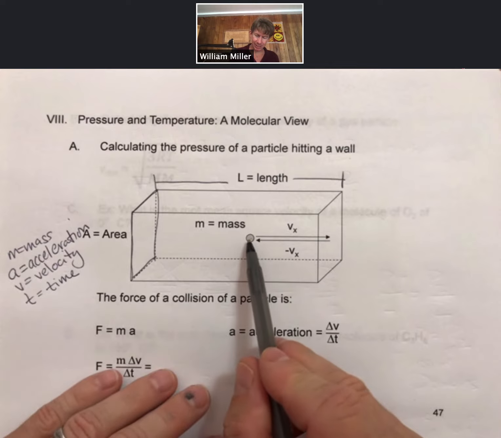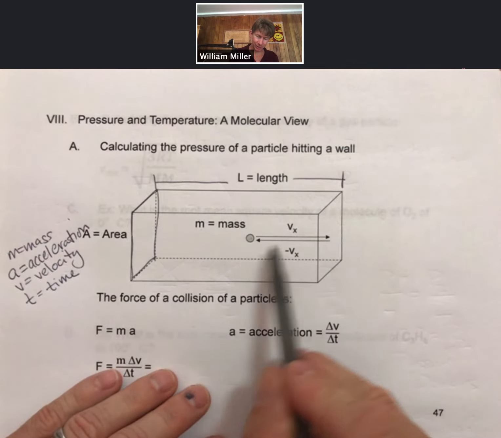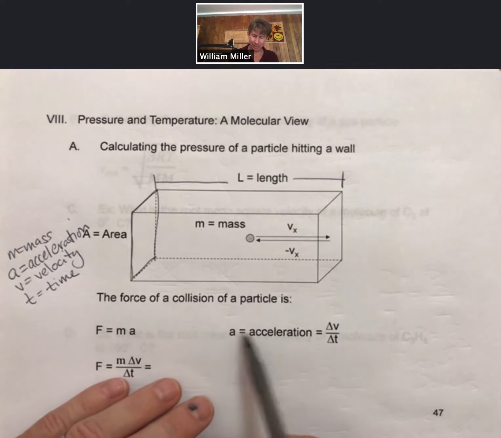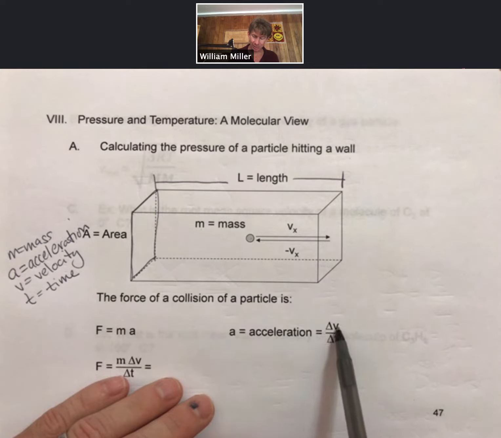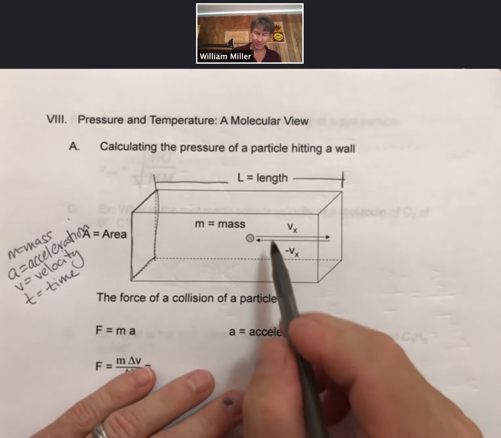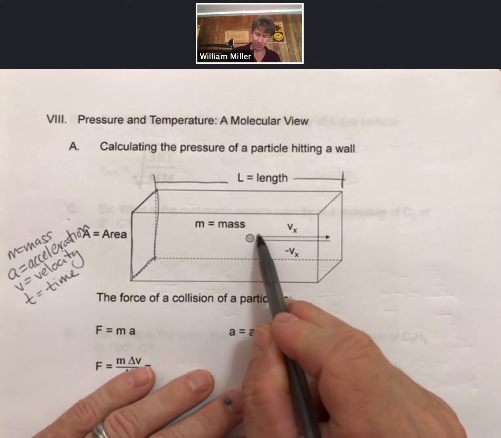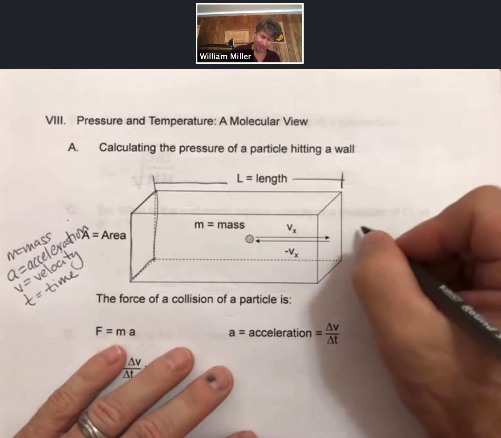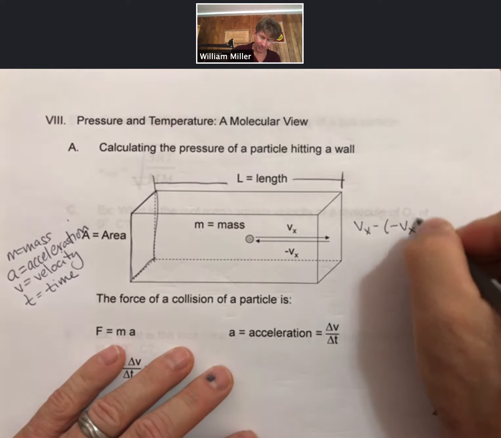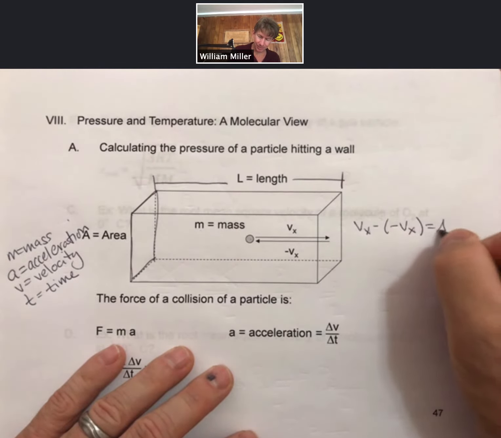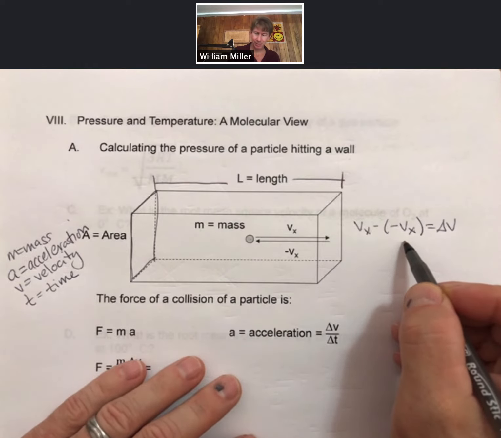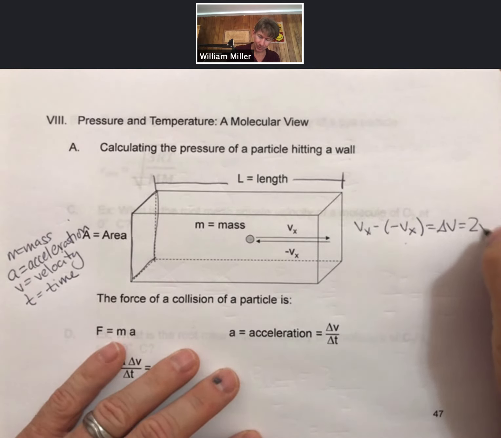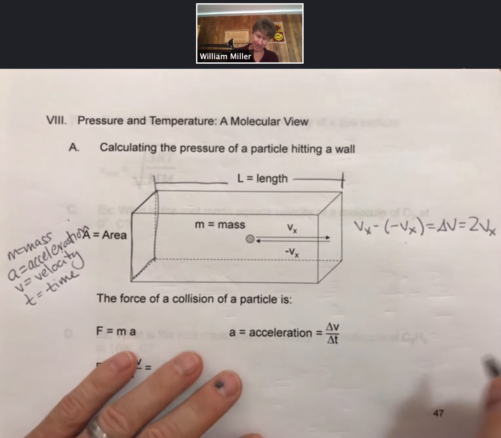And what we're going to say is that this particle, when it has a collision, the force of that collision is going to be the change, the acceleration is going to be delta v over delta t, and the delta v, when there's a collision, is going to be vx, and then it's going to be minus vx, because the change, and these are vectors, means that the direction is changing as well, and you end up with 2v, or 2vx in this case.